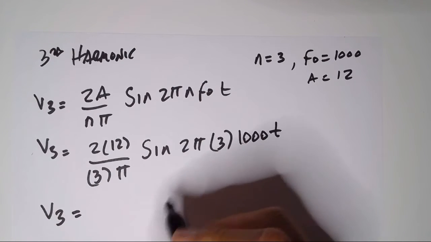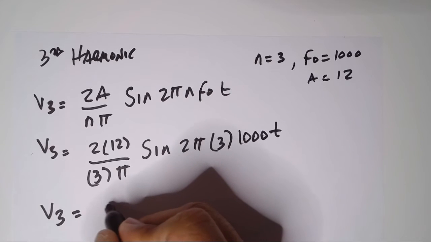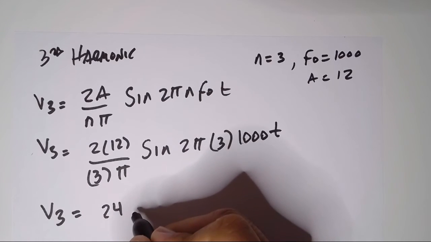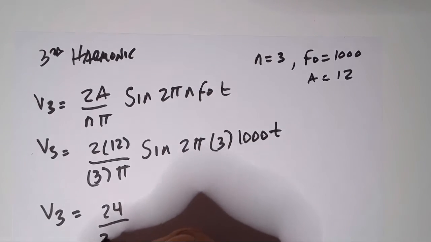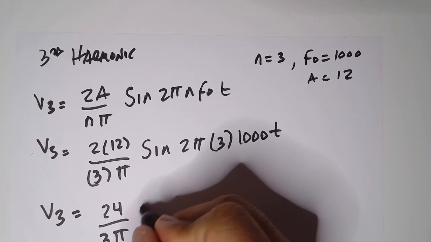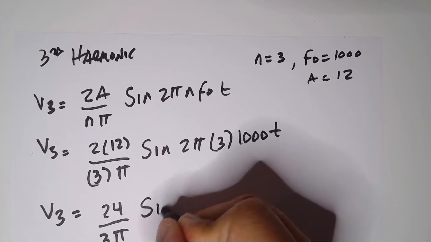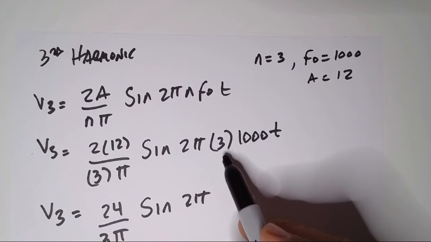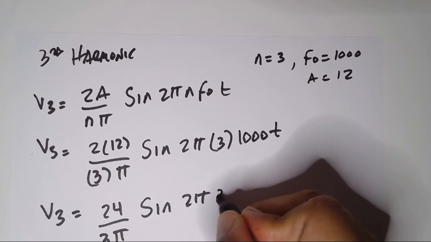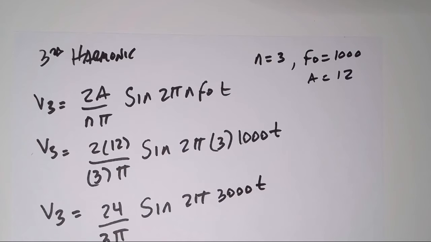Let's clean this up a little. We have 24 over 3 times pi times sine 2 pi of 3000 t.